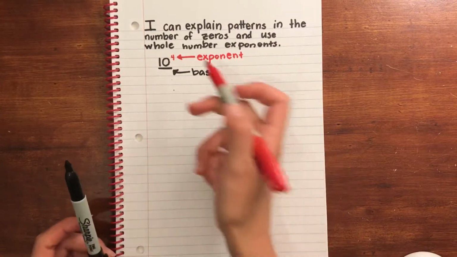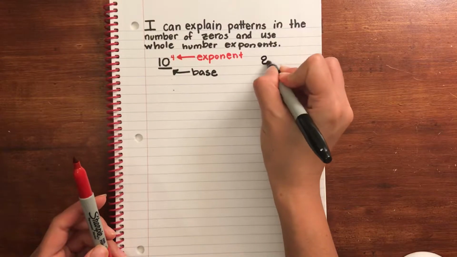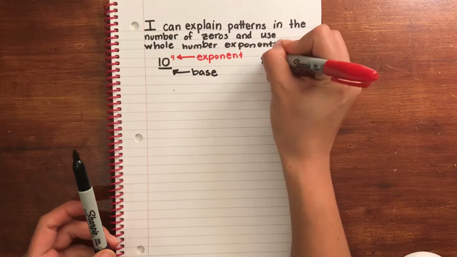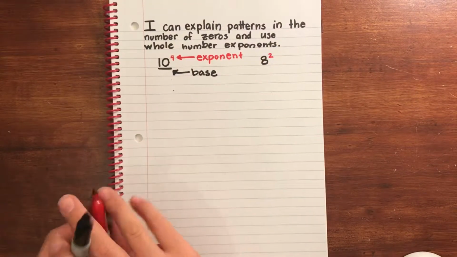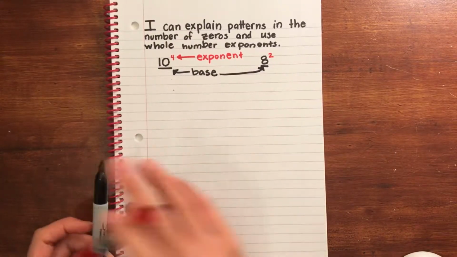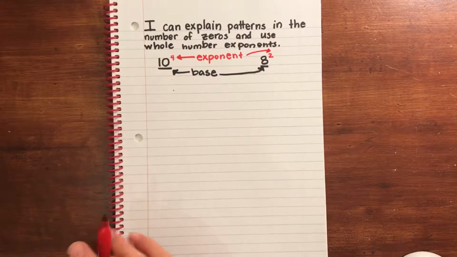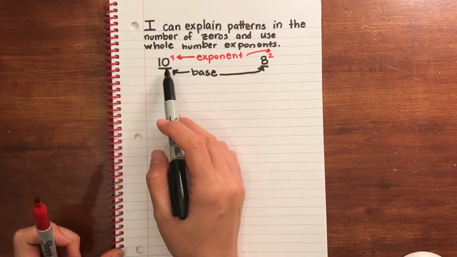Let's do one more example of how this looks, then we'll talk about what those numbers mean. Say 8 to the second power. The bottom number is the base, and the little raised number is the exponent. Okay, so the base and the exponent.